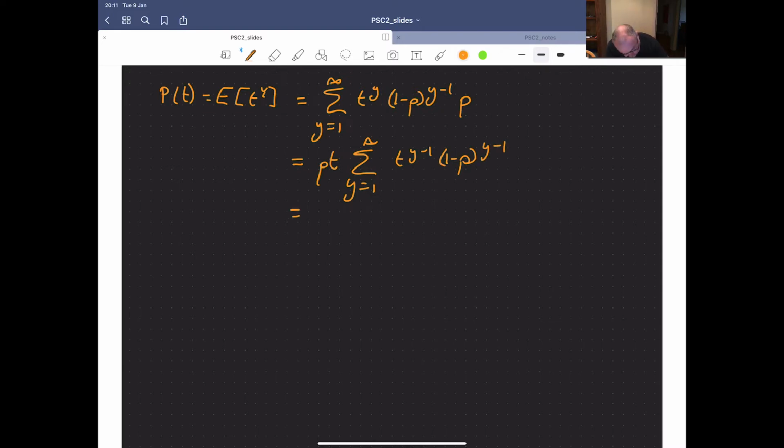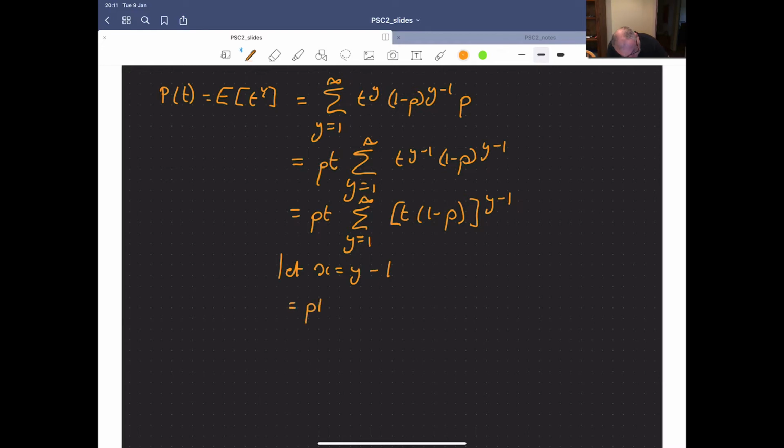So we can put all that as pt, summation of (t(1 minus p)) to the y minus 1. Now this looks like a power series, or geometric series, and we'd like to simplify it. So I'm just going to let x equal y minus 1.